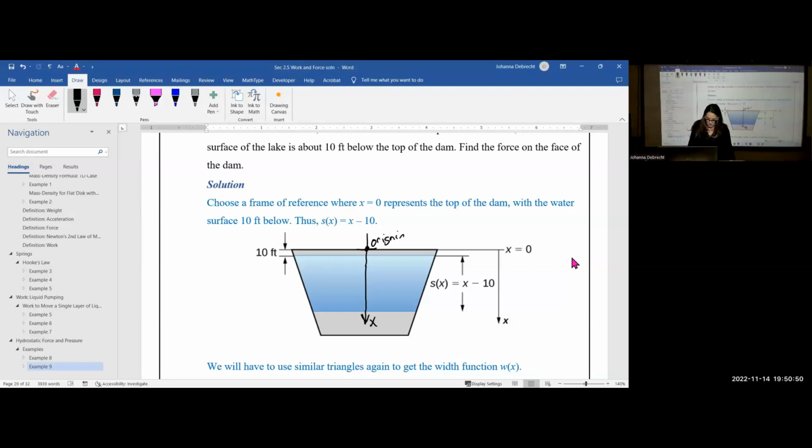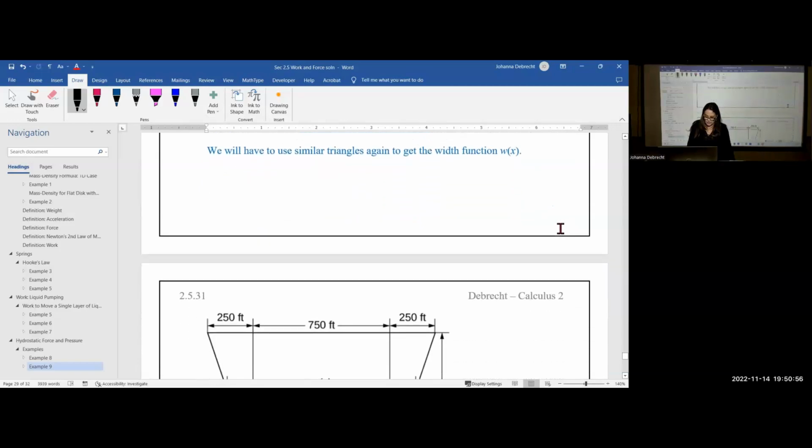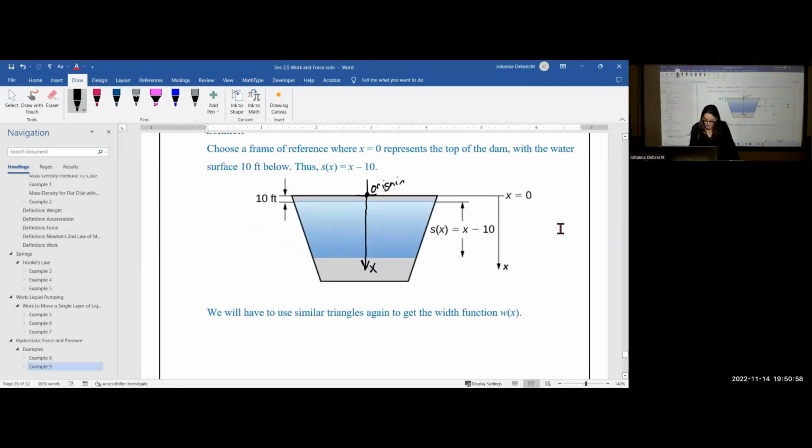The next thing we're going to do is use similar triangles again. This is a very common thing to need to do to get a width function. Again, what we're doing is dividing the face of the Hoover Dam into tiny little strips. Each one of these has a height of dx.